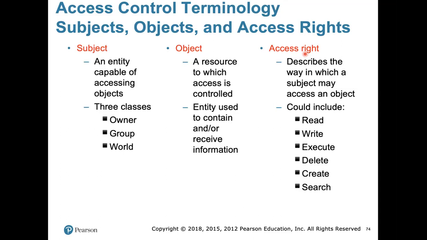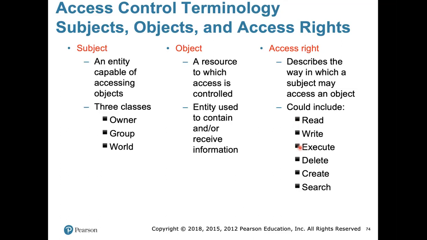And of course, there are multiple access rights based on the objects. For example, if the object is a file, these are different access rights that we can list for that object. Read: someone may want to access that file to read information. Someone may want to write on that file. Someone may execute that file, if it's an executable file.